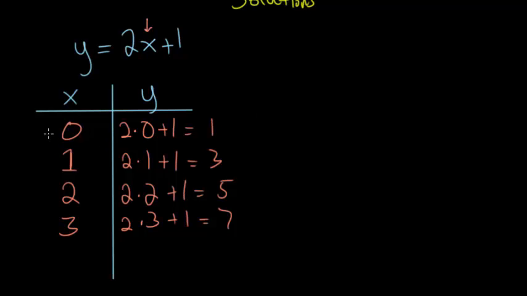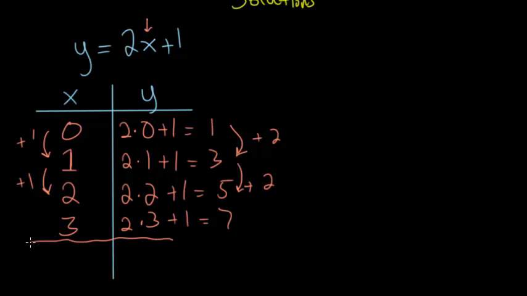And so essentially every time we're increasing x by 1, the y value seems to be jumping up by 2. So plus 1 each time there, but on the y side, we're adding 2 every time we take a step in the positive direction. Though with these, you could also consider negative numbers. You don't have to solely restrict yourself to positive numbers.